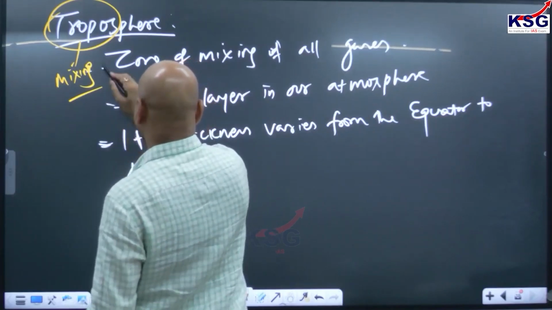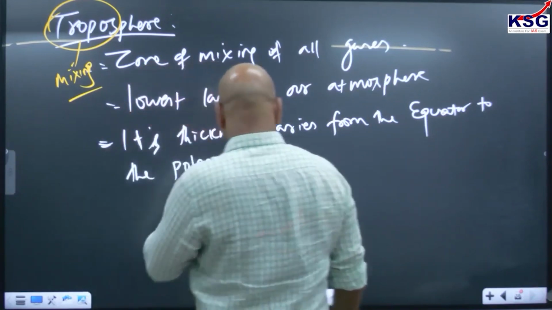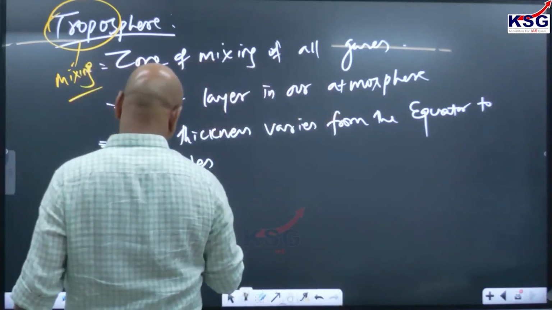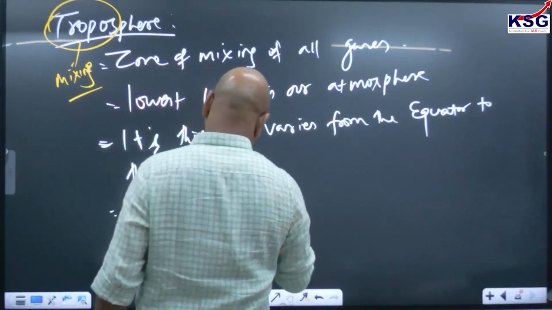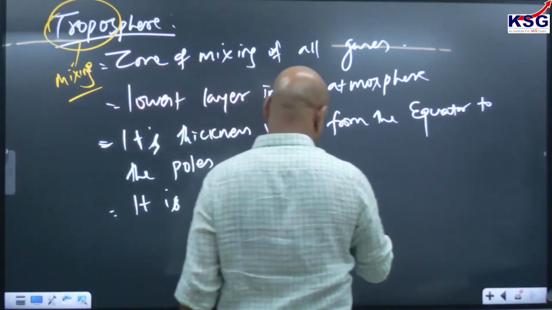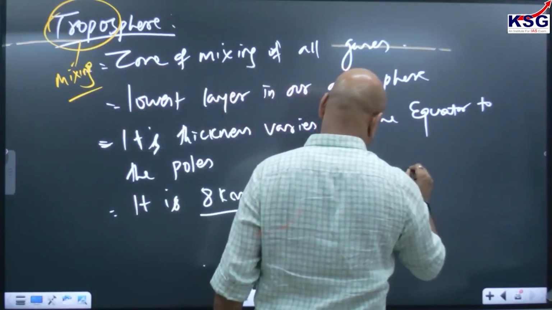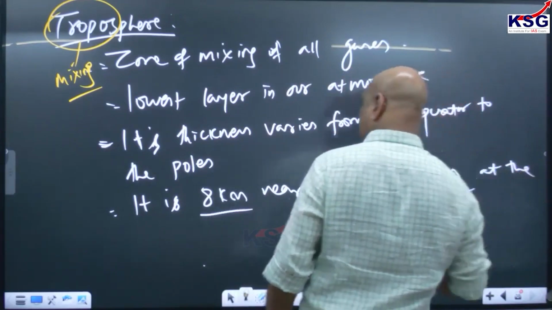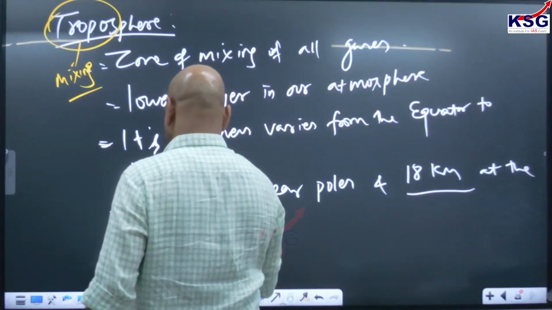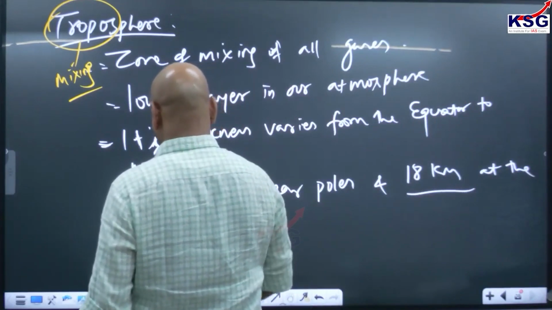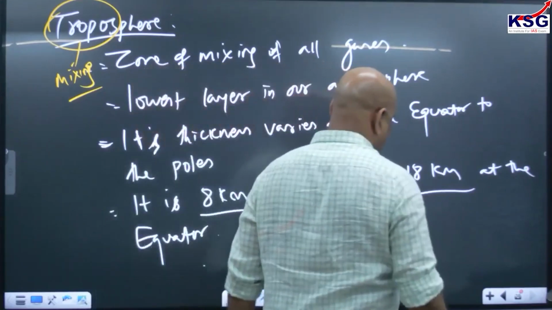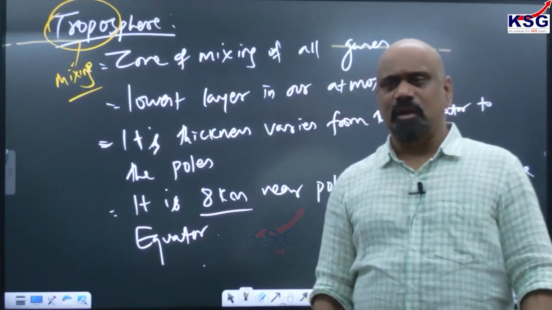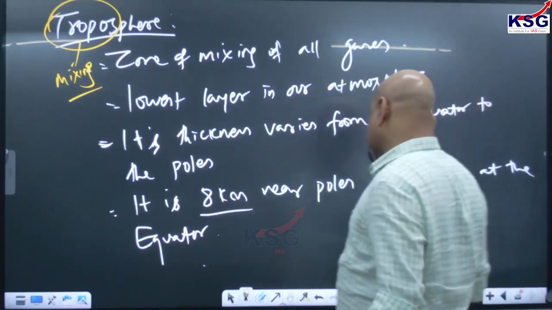It is 8 km near the poles and 18 km at the equator. So an 8 to 18 km variation is there. Why this variation? Let us see now.